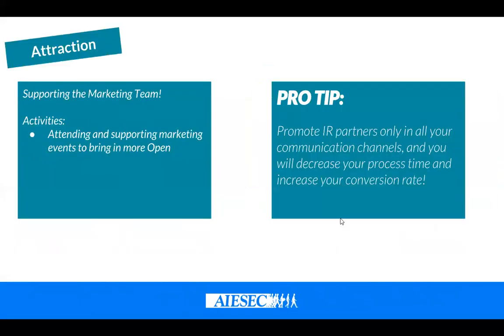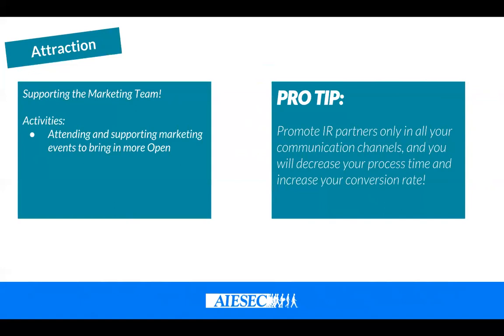So, as before, with attraction, how OGX fits in, we support marketing. How we can actually do this is that we can attend those marketing events that are being organized by marketing to reach out to more people. One of the key things that we should be doing in this attraction stage is promoting our international relations partners.